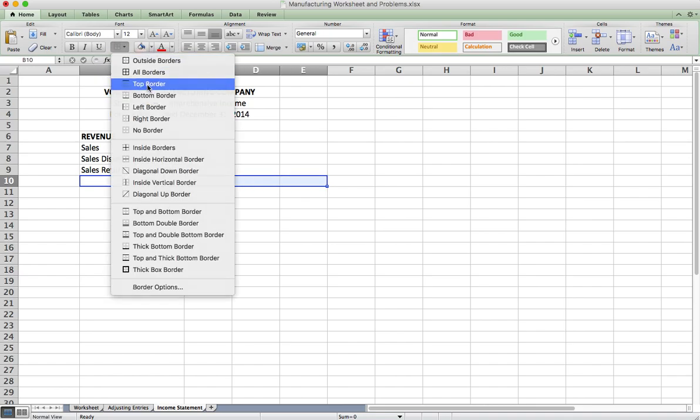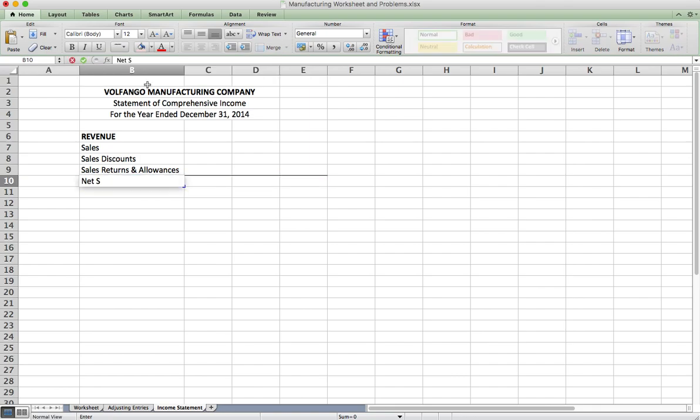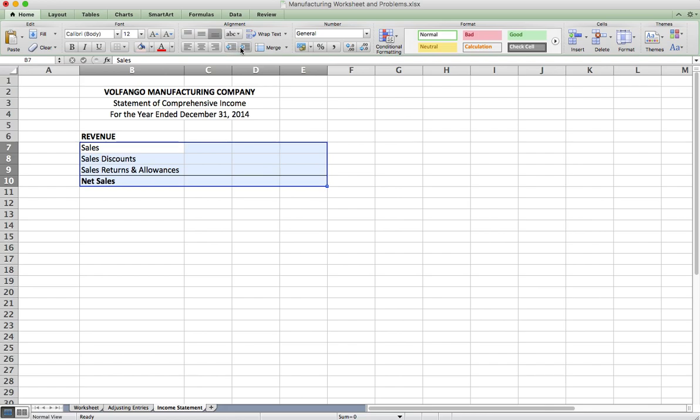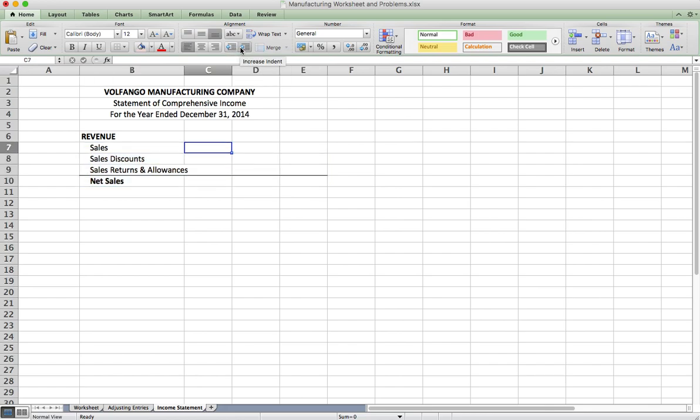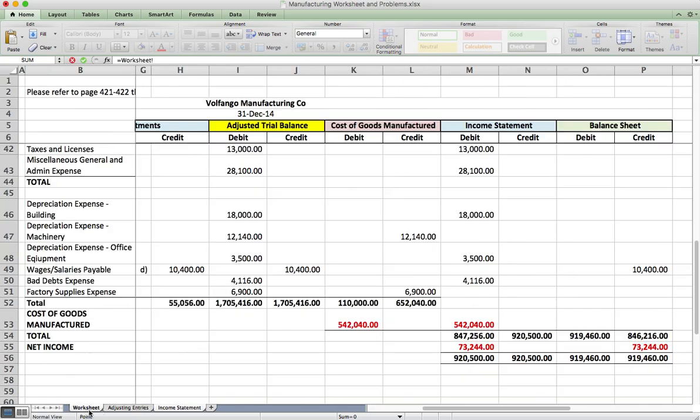Top net sales. Yun. Magkano ang net sales natin? Worksheet.